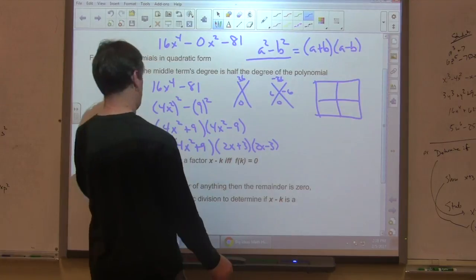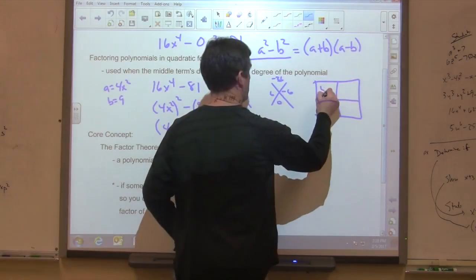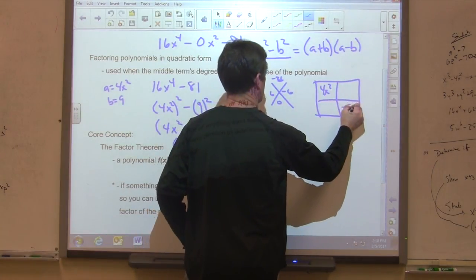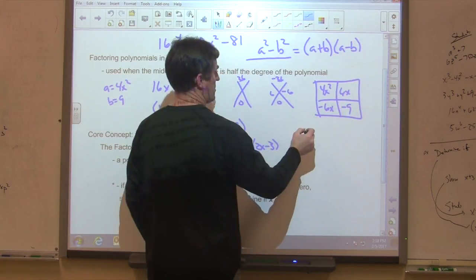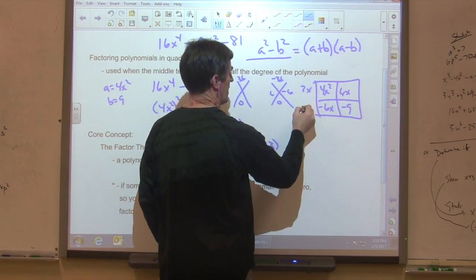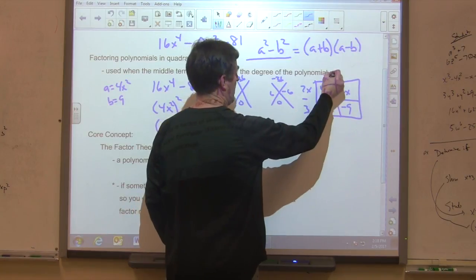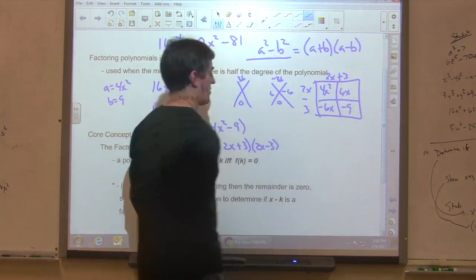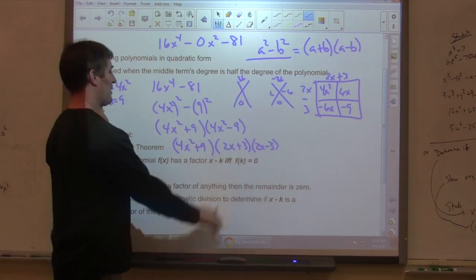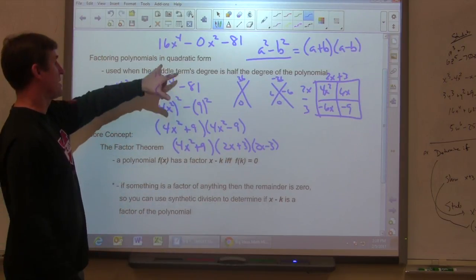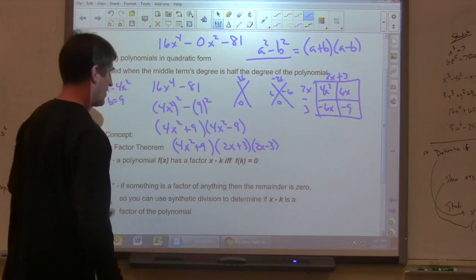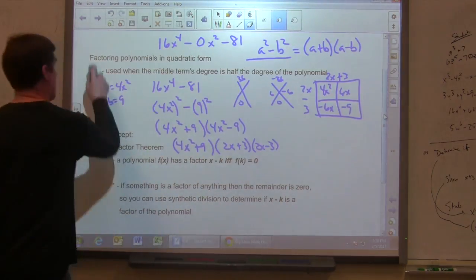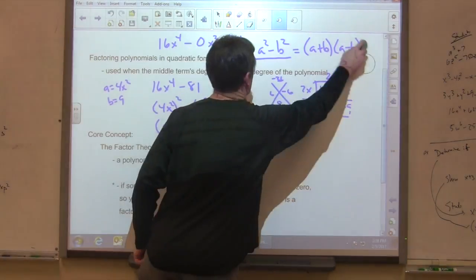You would have 4x squared minus 9, and then 6x and negative 6x. So that would be 2x minus 3 and 2x plus 3. And you get the same thing. But you can only do this if that middle term's degree is half the degree of the polynomial. So let's try another one of those, because that's a lot different than what you've been working with.